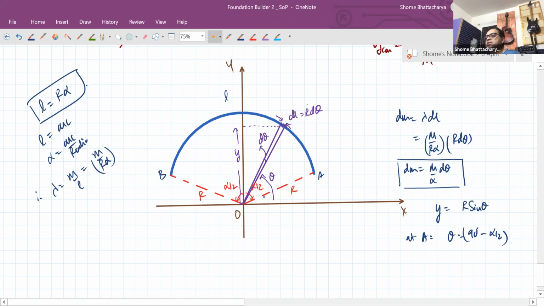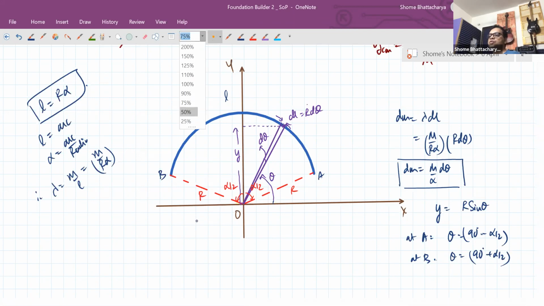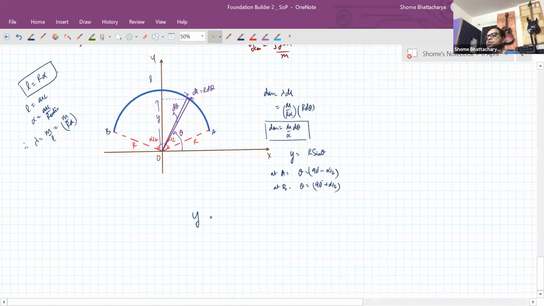So at the point A, the angle theta with the x-axis is 90 minus alpha by 2. And at B, the value of theta will similarly become 90 plus alpha by 2. Okay. So now that I have done this, I am ready to do the integration. The y coordinate of the center of mass is the integration of y dm divided by total mass, from A to B.